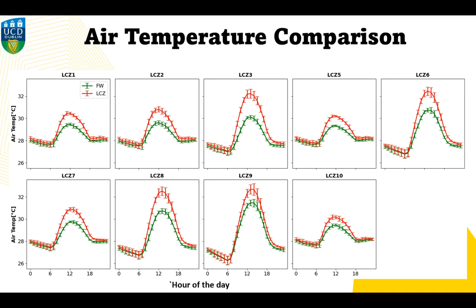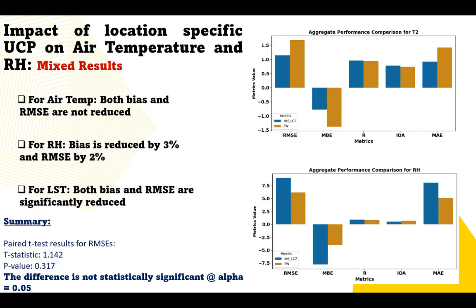It follows a similar pattern in all the LCZs, where we have a significant difference in the daytime air temperature in all the local climate zones. So we evaluate this based on the data we have from three meteorological stations for air temperature, relative humidity, wind, and land surface temperature.